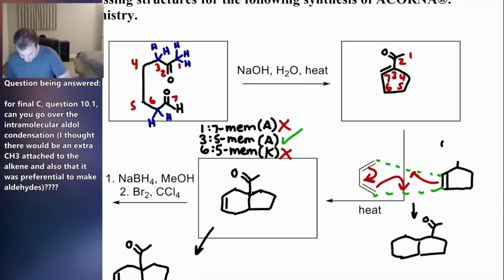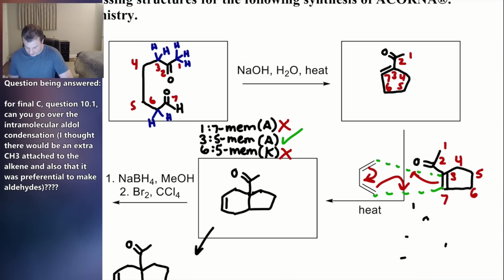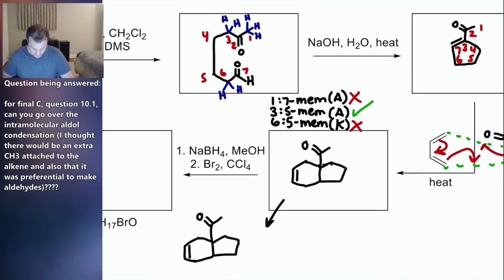The ketone is actually here. Sorry about that. It's a conjugated alkene, right? So this is carbons 1, 2, 3, 4. Oh, sorry, based on my numbering, 1, 2, 3, 7, 6, 5, 4. There we go. Okay, so this is not the right product. Sorry about that. Okay, we get to this product here.